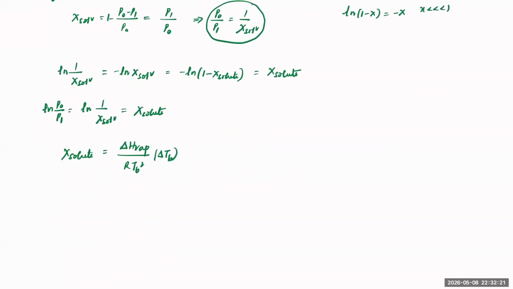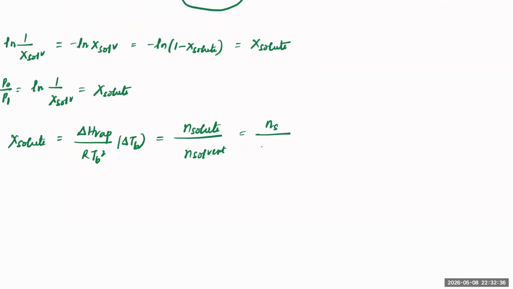Right. Now, can I say that the mole fraction of solute can be written as the number of moles of solute by the number of moles of solvent, which can be written as the number of moles of solute upon the weight of solvent into the molecular mass of the solvent. This was in grams.